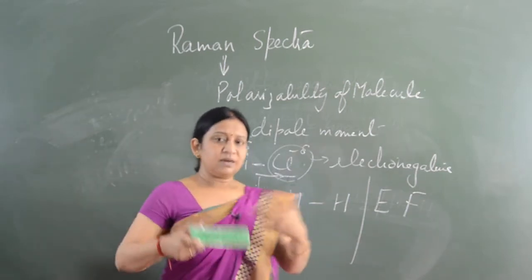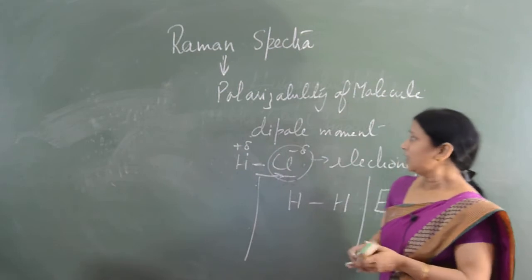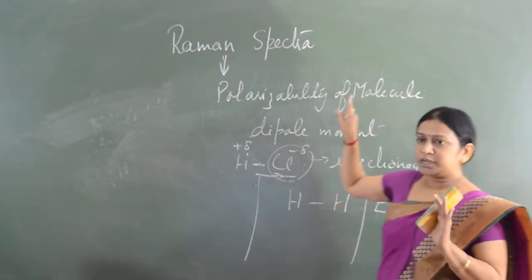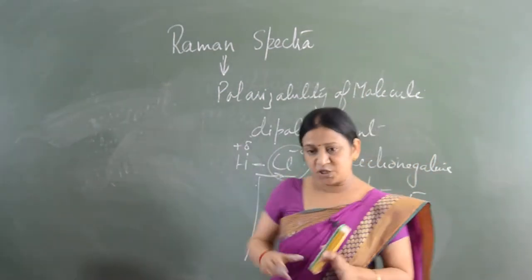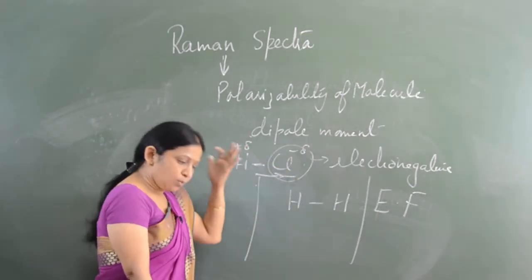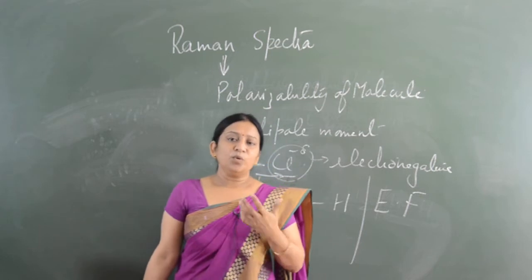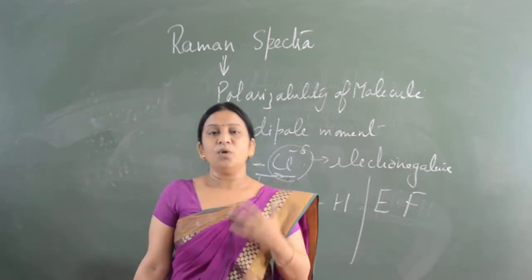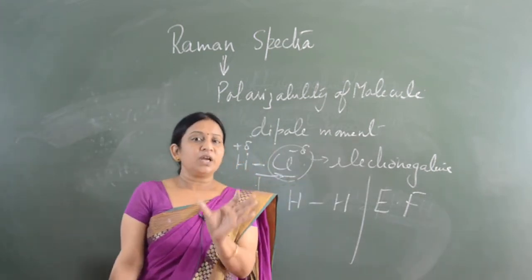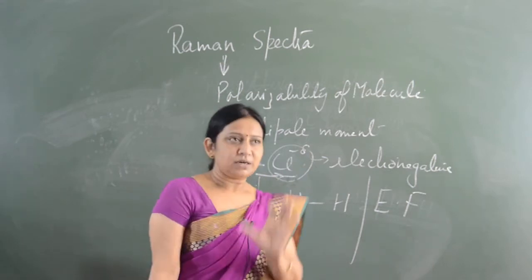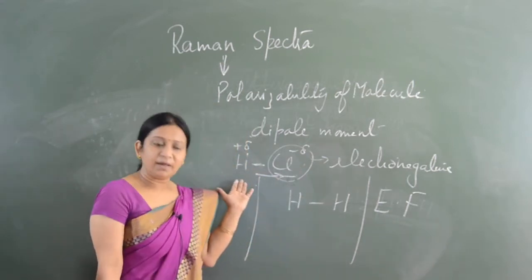In a way they are the same, but they are different. Polarizability is the relative tendency of charge separation, and dipole moment is the measure of polarizability. Dipole moment arises in a molecule when there is an electronegativity difference between the two atoms, for example in case of HCl.